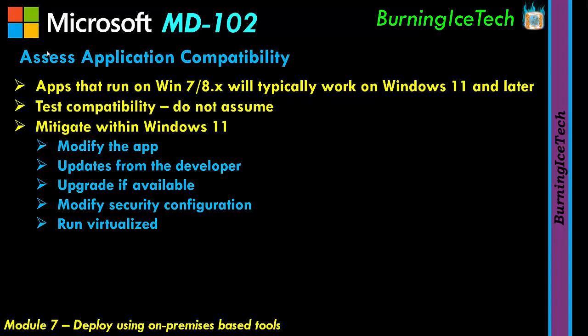In that instance, one of many things you can do is just make a virtual machine on Windows 11, because that is something you can do, assuming you're running Professional or Enterprise. Make a virtual machine, just don't install Windows 11 on that virtual machine, otherwise you're back in the same boat. Install something older on it, maybe Windows 10 or something older, and then run the application on the virtual machine.